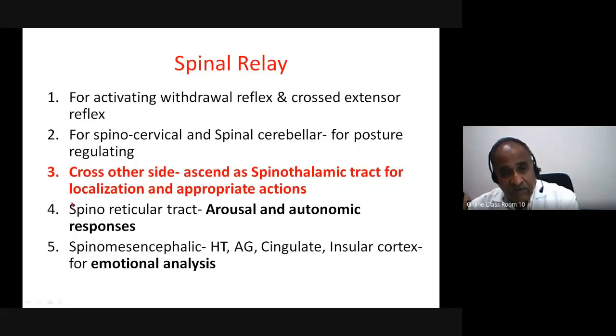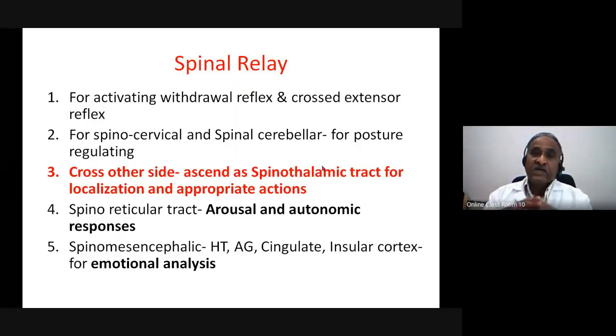Then we have additional relays, because nearly 90% of such fibers ascend up to the thalamus and relay into the VPL. Nearly 5 to 10% of the fibers reach up to the level of the reticular system in the medulla, pons, and midbrain level. And then we have the spinomesencephalic projections. They will end up in the periaqueductal gray or mesencephalic or midbrain region.